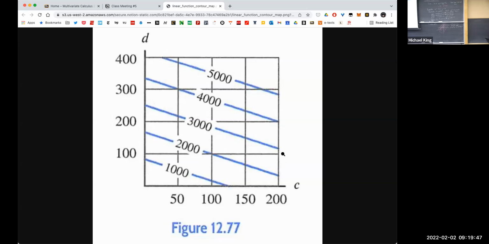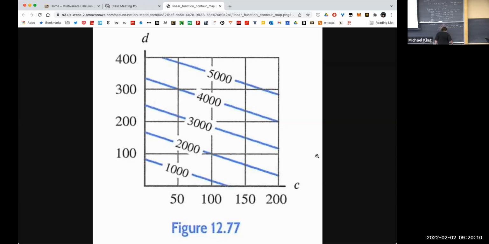I just found this picture in the exercises, I think in 12.4. And I'm worried now, this might be a little tricky, but if we saw something like this, could we recover the equation?